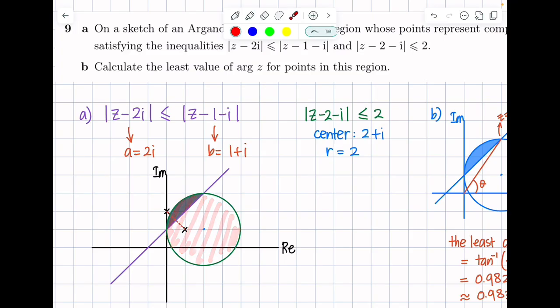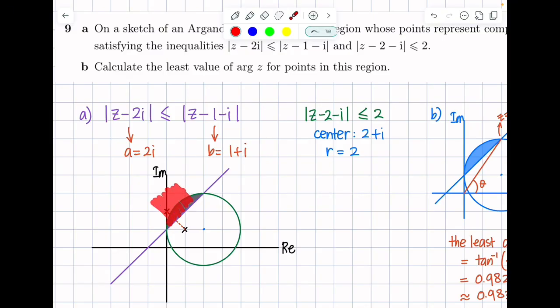And for the perpendicular bisector, we use the method z is nearer to 2i than 1 plus i, because modulus z minus 2i is less than modulus z minus 1 minus i.